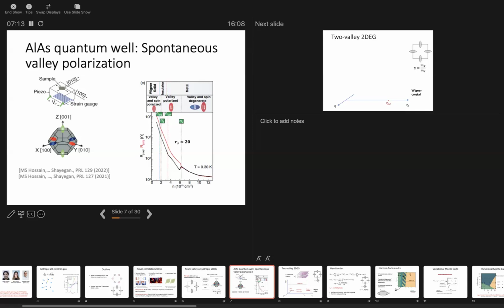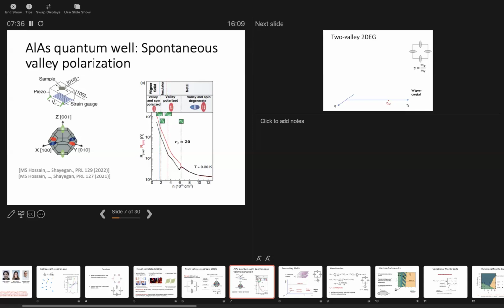But you see that at a certain density, all of a sudden the resistivity becomes anisotropic. The resistivity in one direction is suddenly smaller than the other, and this corresponds to an rs value close to 20.